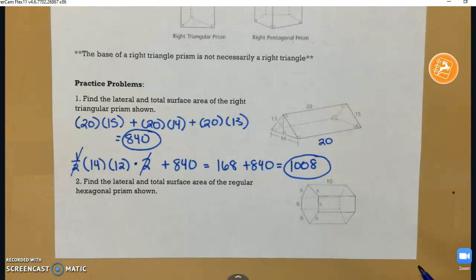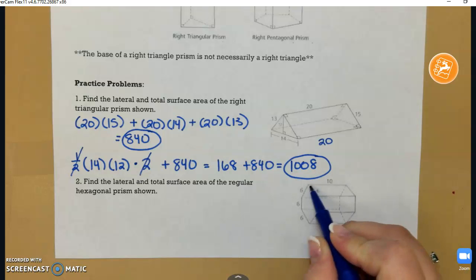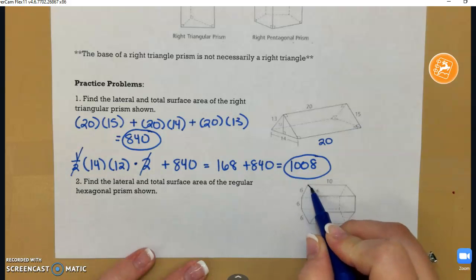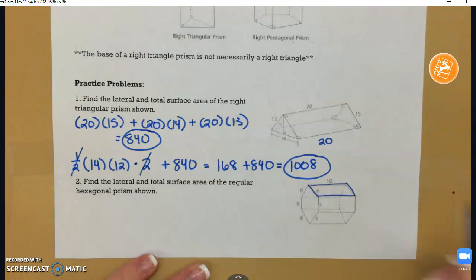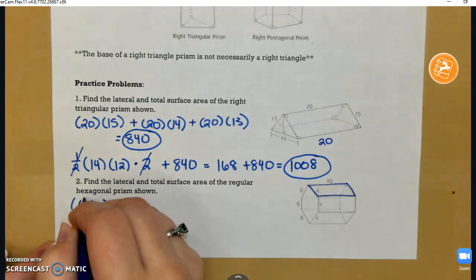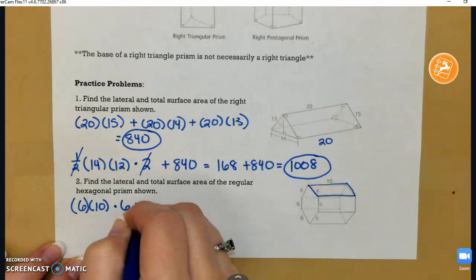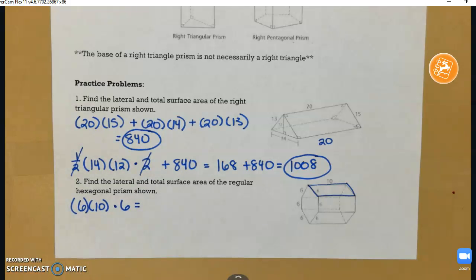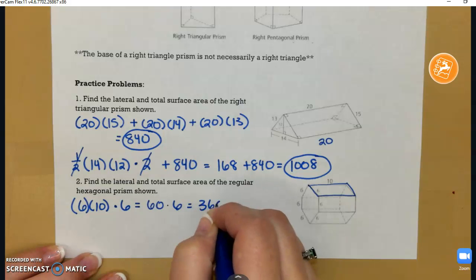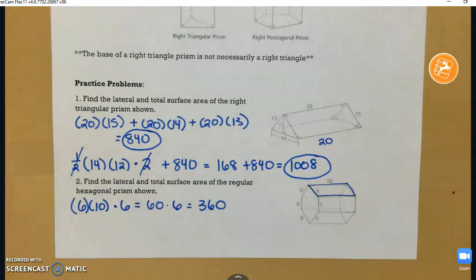So to first find the lateral surface area, remember that's going to be all of these little rectangles right here, and they're all going to be 6 by 10 rectangles, and I have 6 of them. So that's going to be my lateral surface area. And so 60 times 6 is 360. So there's my lateral surface area.